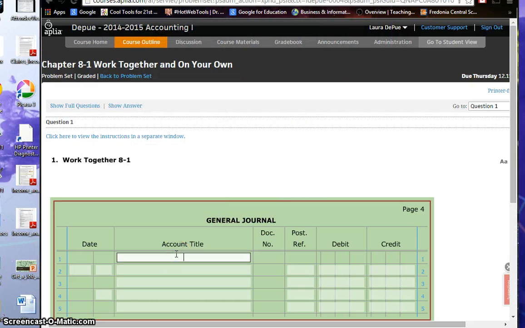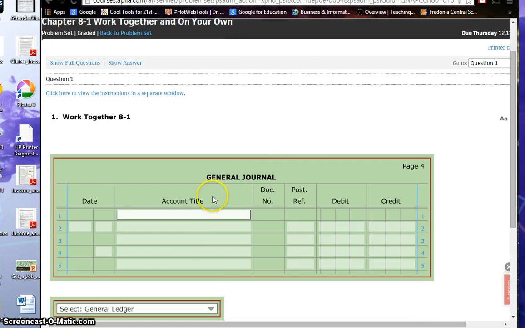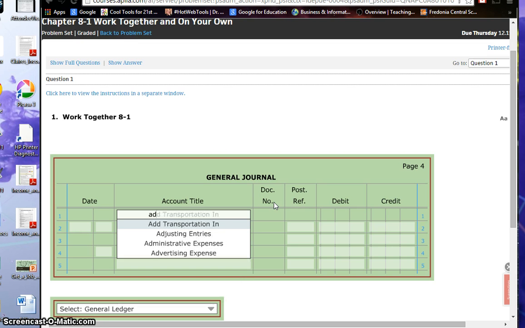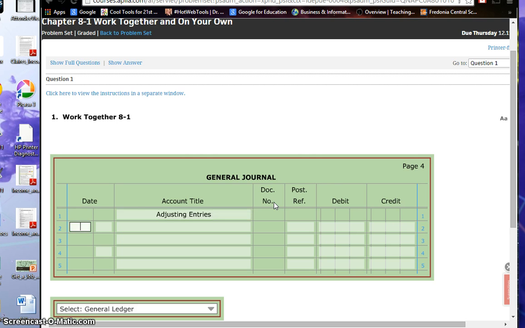So down here, we're going to do our 8.1 together. Again, we start with the title, so this is centered in the middle of the page. This is the adjusting entries. So we just start typing it in. Our date is July 31st.